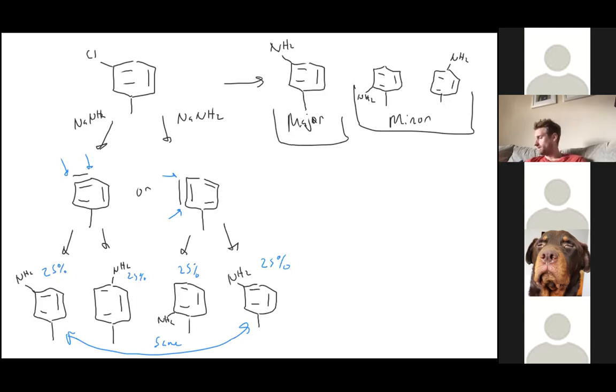Okay. I'm going to give you guys a couple of synthesis problems. We're going to work through them one at a time. I'm going to draw up all 3 of them, but then we will take about 5 minutes to the first one, talk through it, take about 5 minutes to the next one, talk through it, take about 5 minutes to the next one, talk through it. There's going to be a couple of different ways to do these.